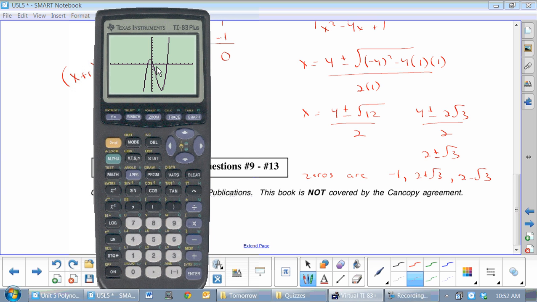Now, because I love doing intersect, I'm going to hit y2 as 0. You don't see it, but it's there. And then I'm going to hit second trace, and I'm going to go 5, intersect. Now I'm going to get my spider close to that and hit enter 3 times. So 0.267 is one of them. Maybe I'll do a screenshot of this and have it there.